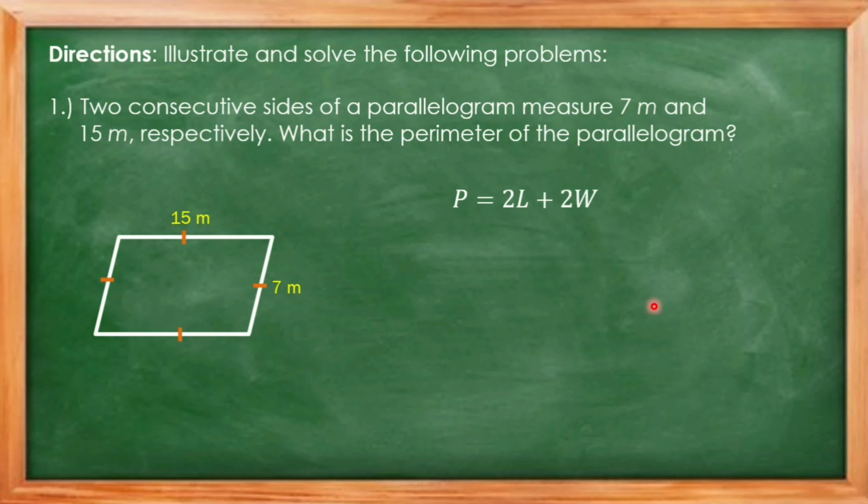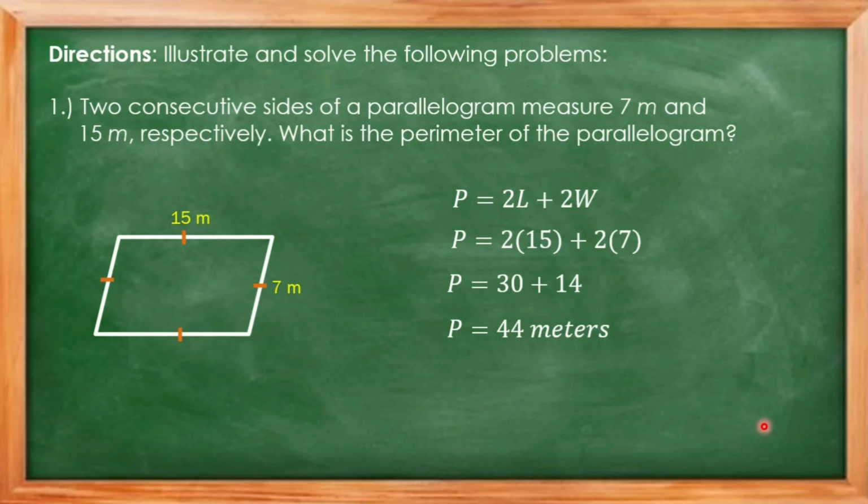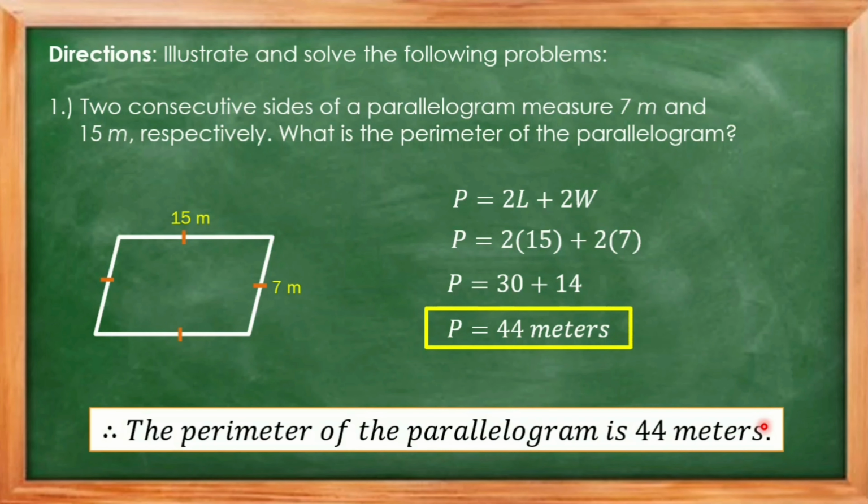Okay, so multiply lang natin ang 2 sa length natin, which is 15, and then 2 times yung width natin, which is 7. So, 2 times 15 is 30, 2 times 7 is 14, and then get the sum, so yun yung magiging perimeter natin. Okay, so perimeter is equal to 44 meters. So, therefore, the perimeter of the parallelogram is 44 meters.